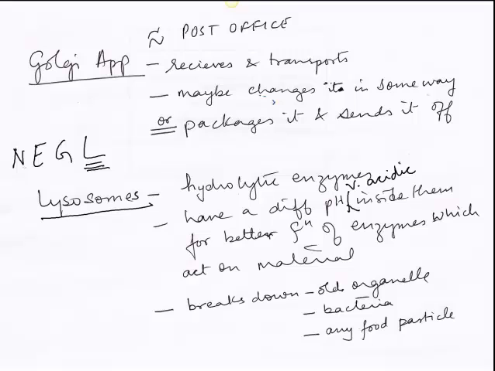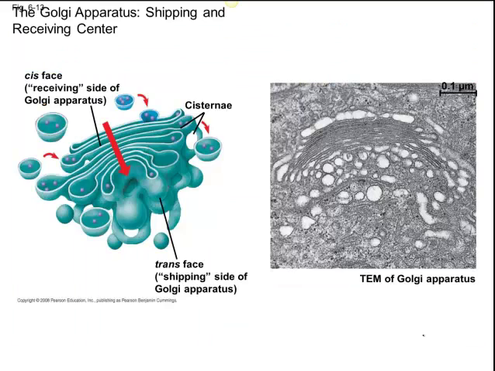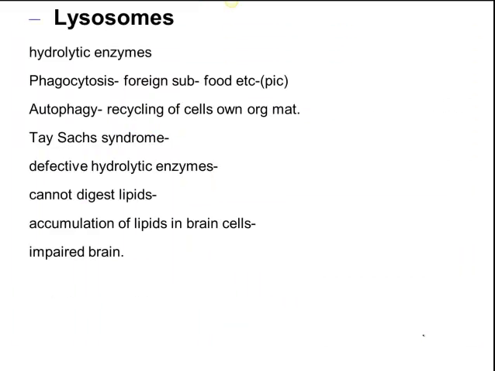So it is a very efficient way for the cell to work with material wherein it needs another kind of pH for better functioning of that enzyme, but it doesn't have to turn the entire cell into that pH level. So what are the different things that it can do? It can break down an old organelle. It can ingest a bacteria and break it down. It can ingest any food particle and digest it.